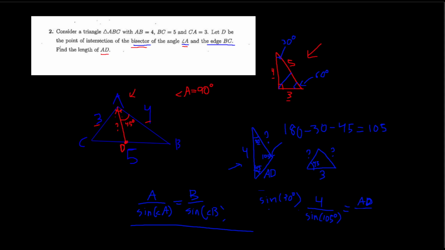And then we're going to type in sine of 30 times 4 divided by sine of 105. My calculator gives me some funky expression, but if I tell it to give me a decimal, it tells me it's 2.07. So this comes out on my calculator as 2.07.